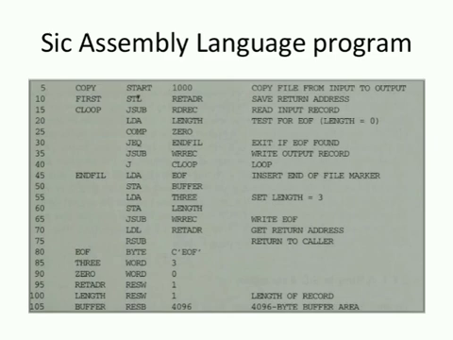The first column indicates the line number, the second column indicates the label name, the third column is the opcode, the next column is the operand, and the last column is comments.